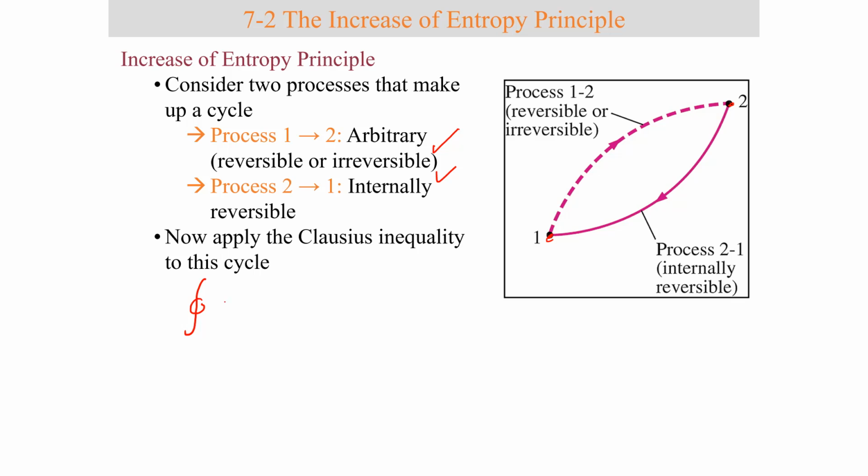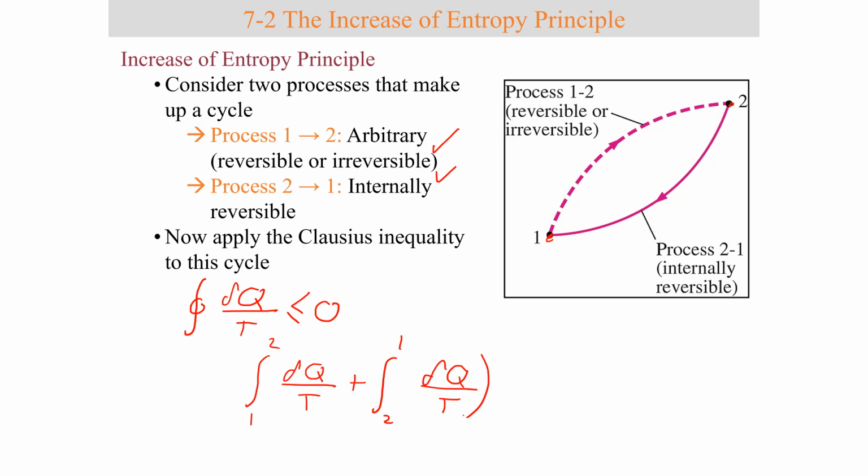If we go ahead, we apply the Clausius inequality to it. We have to apply the cyclic integral of Q over T, so we'll go ahead and do that. So we have the process 1 plus process 2, where process 2 is designated as reversible, has to be less than or equal to 0.